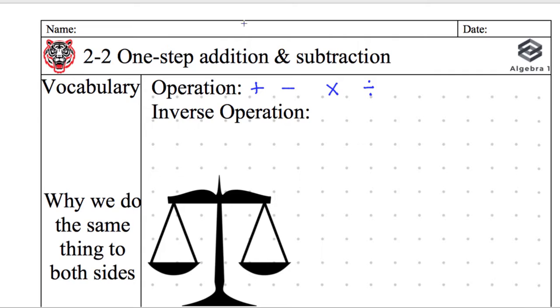It is addition. So it's the operation that goes backwards. I cannot spell backwards.